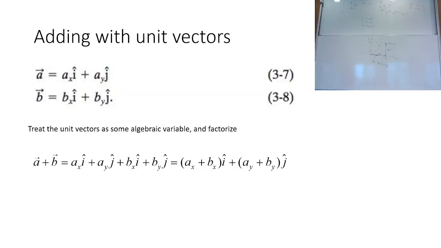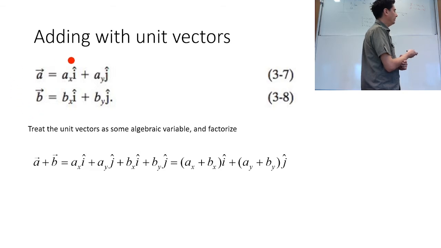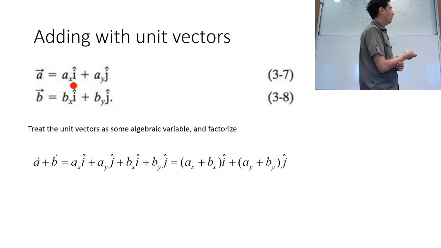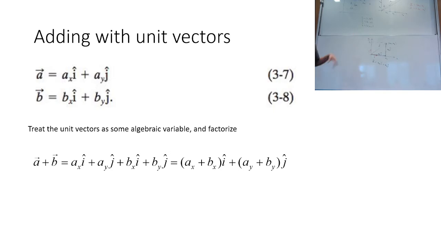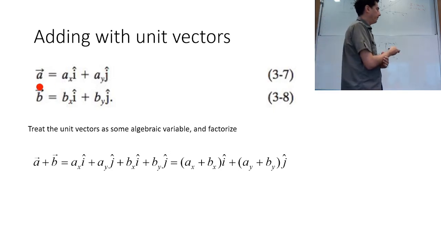So, for example, if you want to add two vectors in this unit vector notation, the way that you do it is something like this. Say you've got two vectors. The original component coordinates were, say, ax, ay, so we use the unit vector way to rewrite it slightly differently.